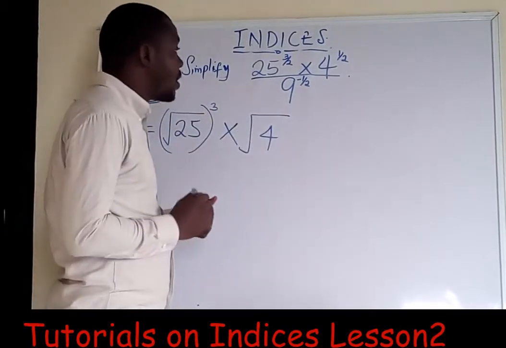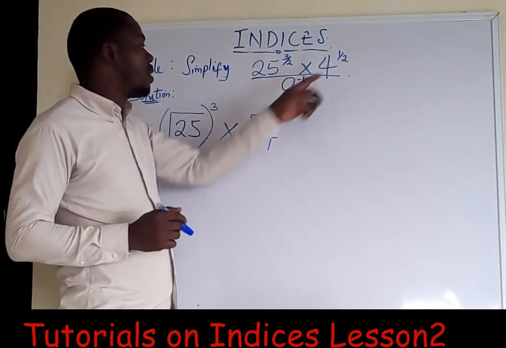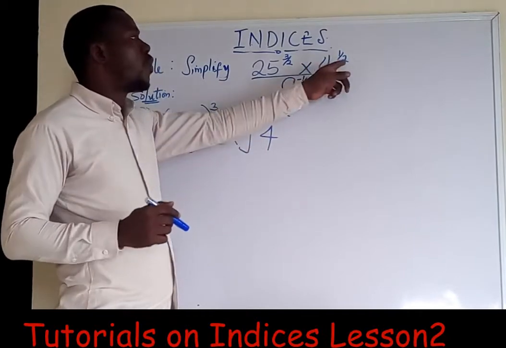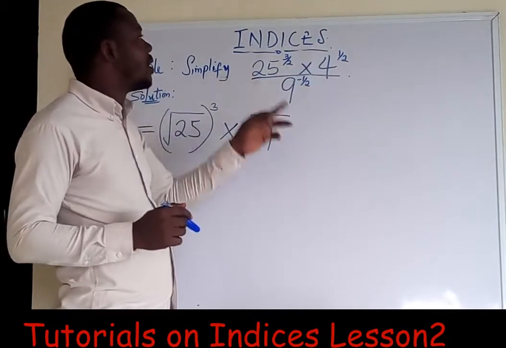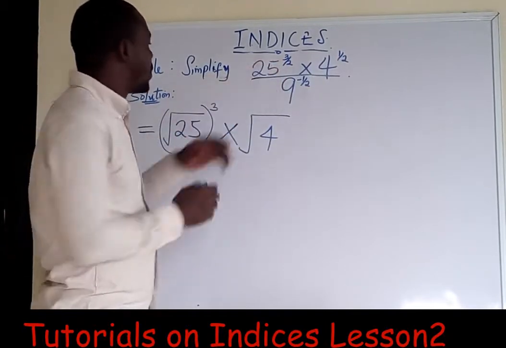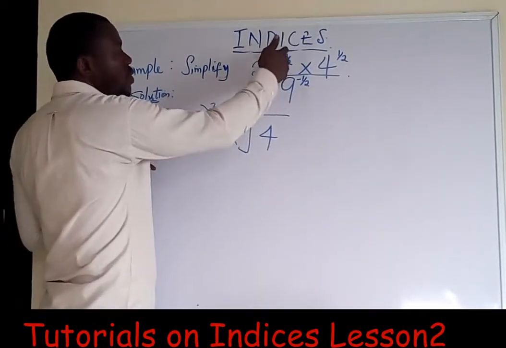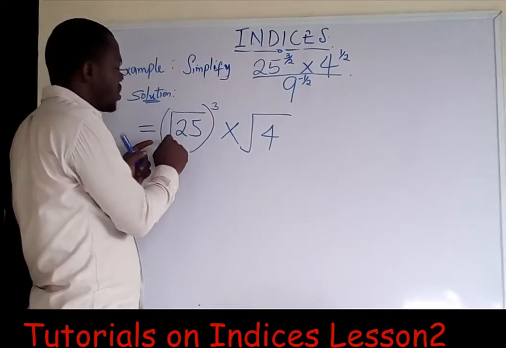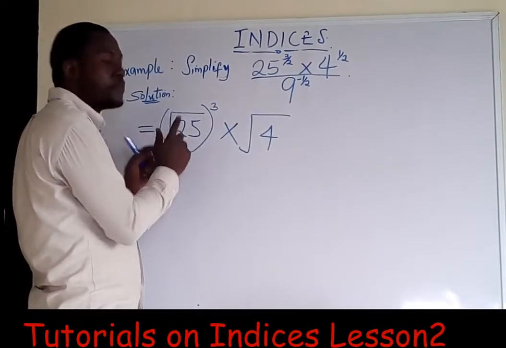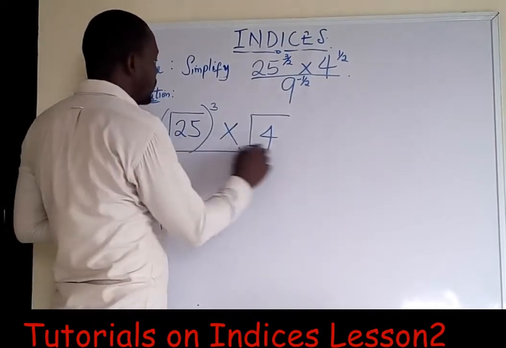I told us the other time that if the denominator is 3, it will be a cube root, and if it's 4, it will be a fourth root. Anytime you have something like this, that's how you write it. And since we have the 3 here, that's why we have 3 outside. So 1 over 2 is what is causing this square root to be there. Now, over 9.